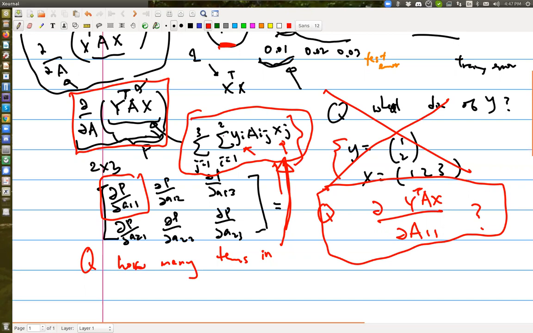Right. So then I can pull out those terms. What will the terms be? I have y1 A11 x1, first term. Second term, y2 A21 x1. And then I have y1 A12 x2, y2 A22 x2, and y1 A13 x3 plus y2 A23 x3.